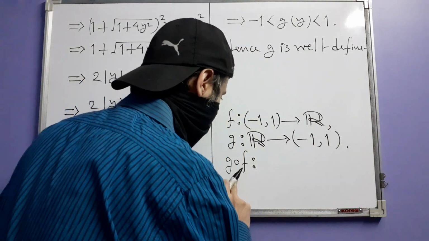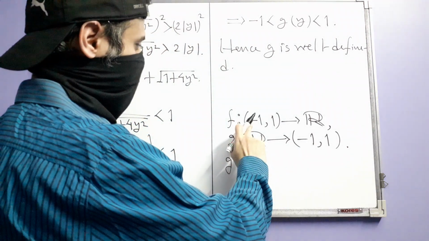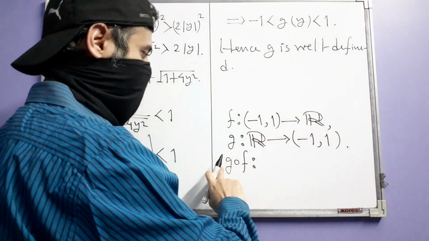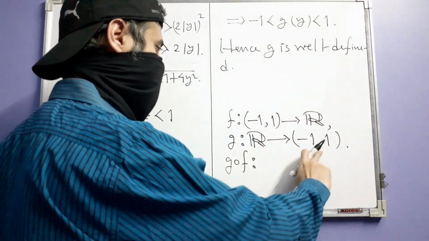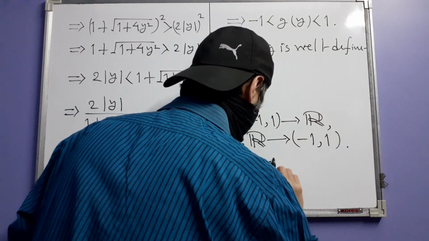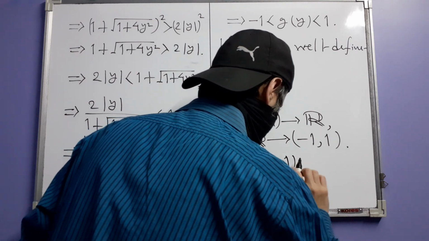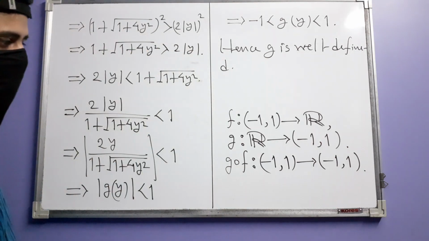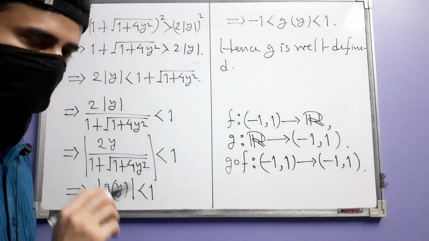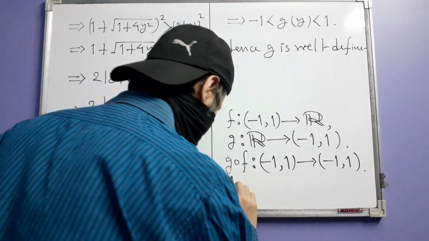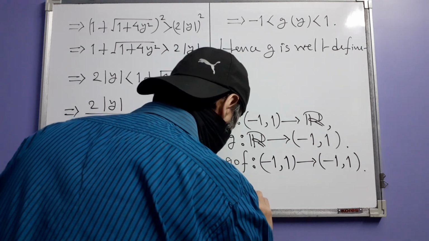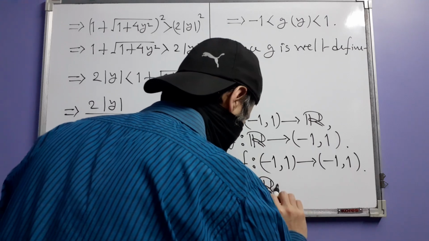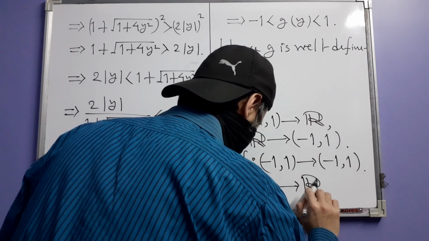So that means this composition first takes me from here to this set, and then after that when you apply g, you go from this set back to that set. So g composition f is a function of this type, but you can also think of f composition g, which if you think like this will be a function from R into R.